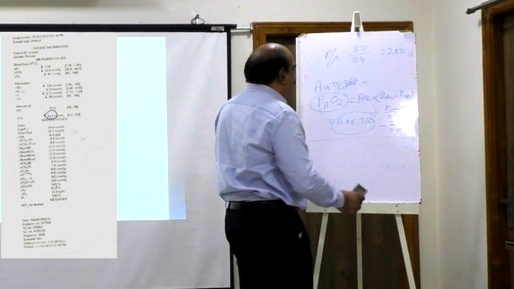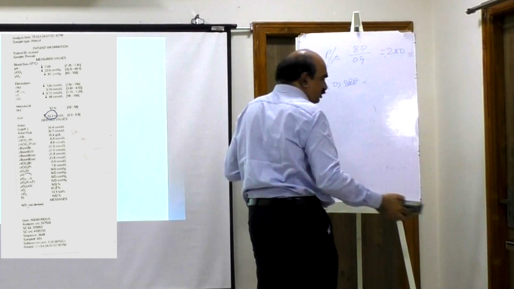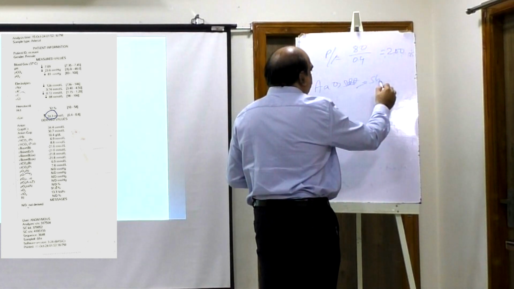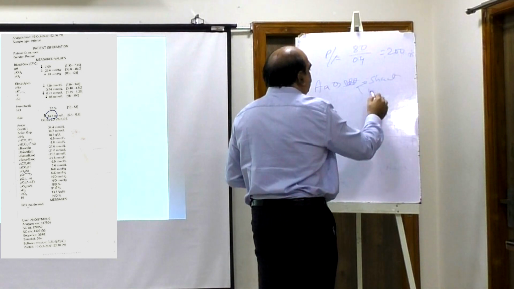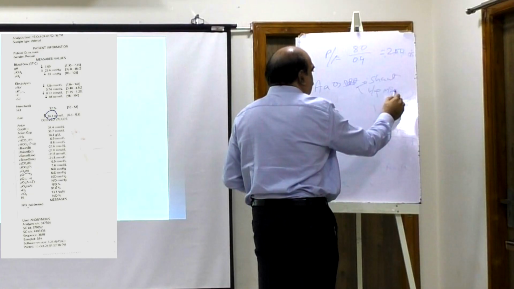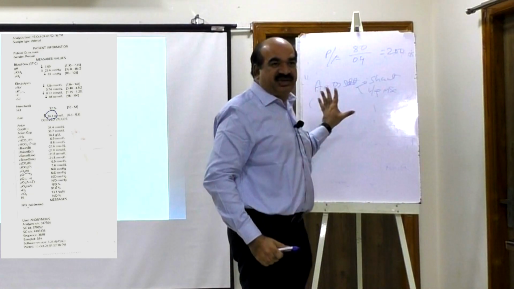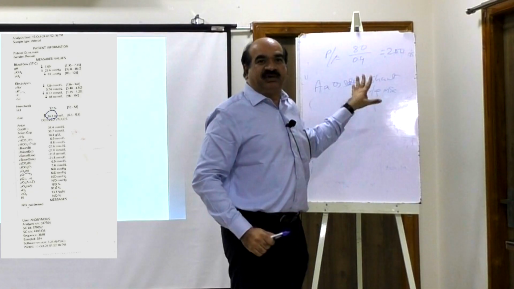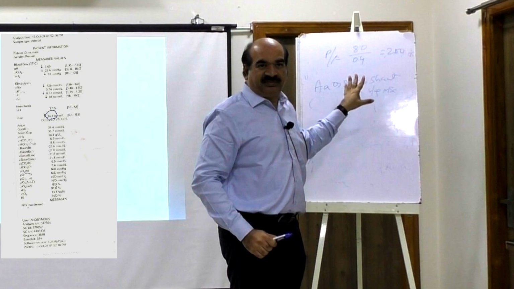If the gradient is abnormal, if the gradient is high, two important causes are shunt, intrapulmonary shunt, and VQ mismatch. In this case the gradient is high. The PF ratio is low, that indicates respiratory failure, acute lung injury.